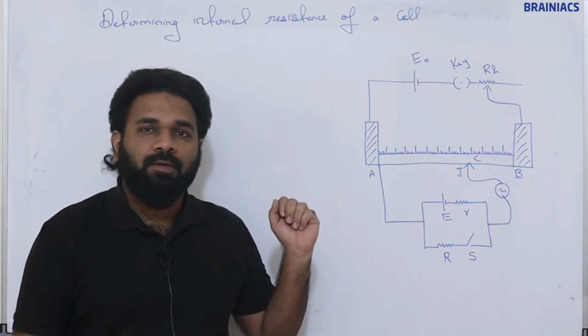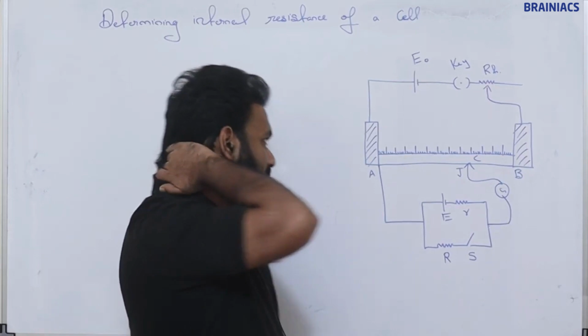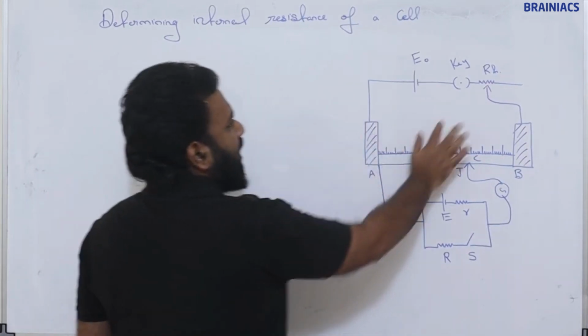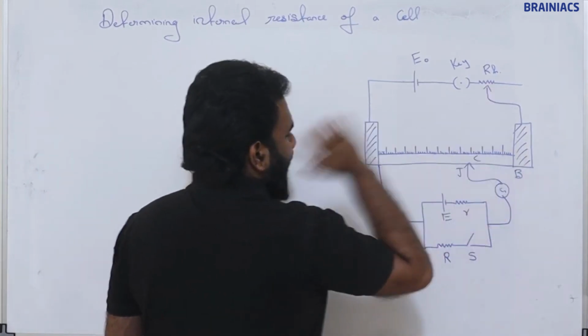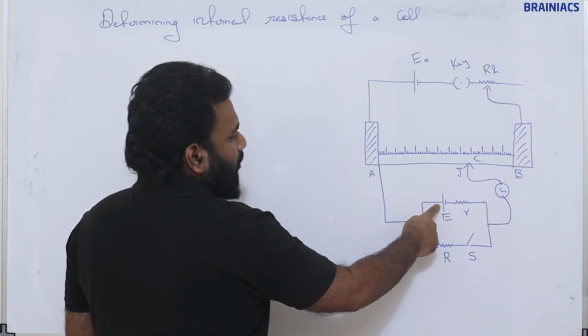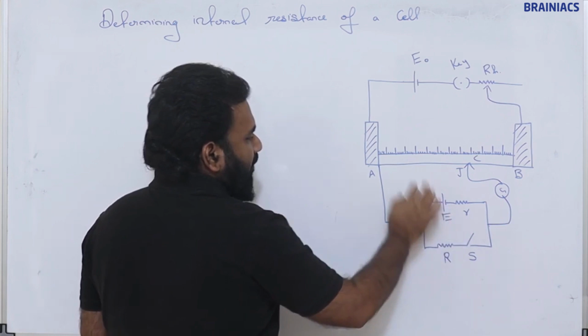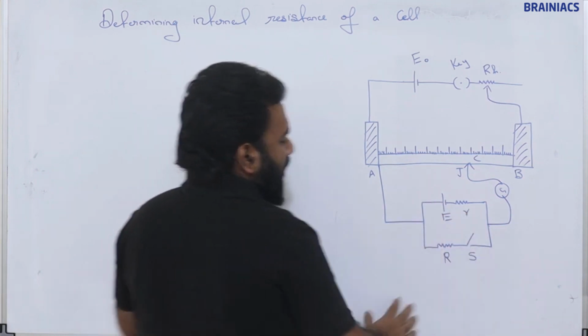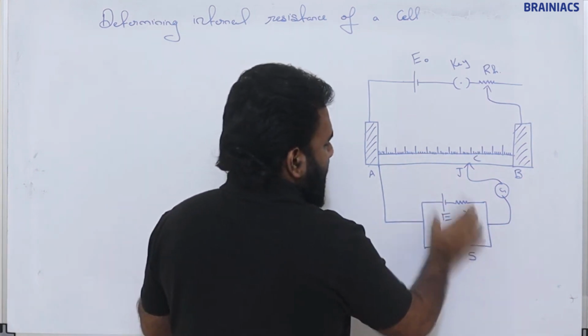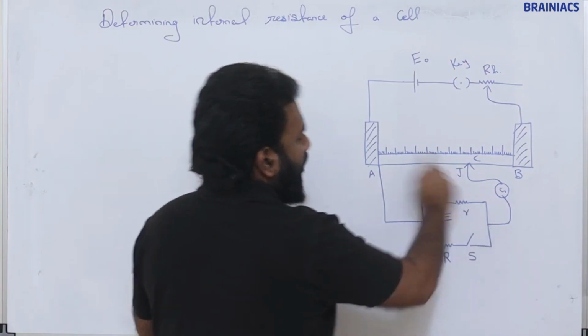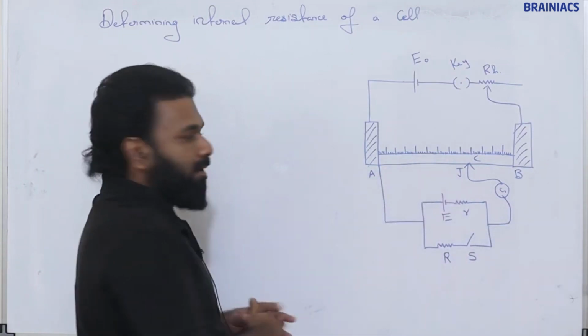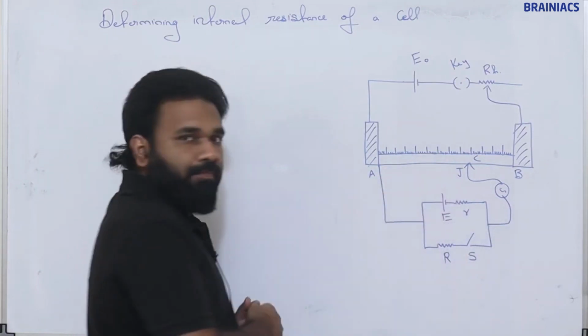First we will look at the circuit. First thing is the same: driving cell, key, rheostat, potentiometer wire. Now if we connect a cell here with EMF E and internal resistance r, we will be able to find the balancing length and this EMF.